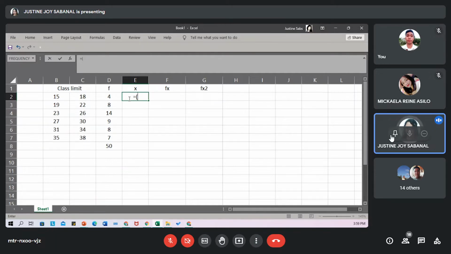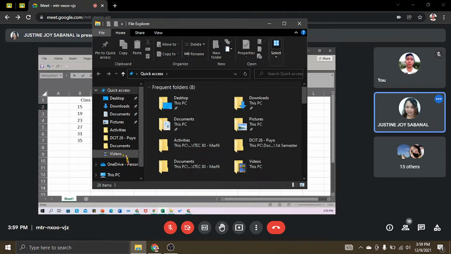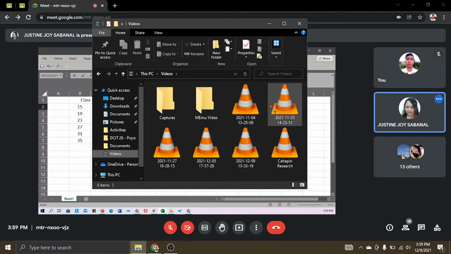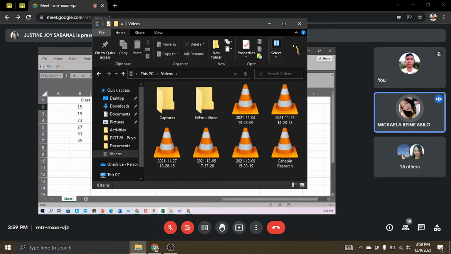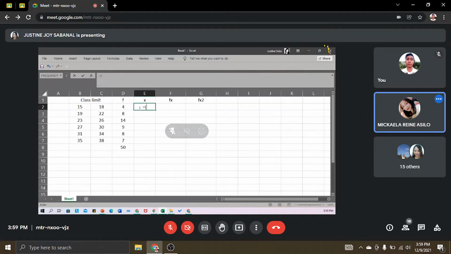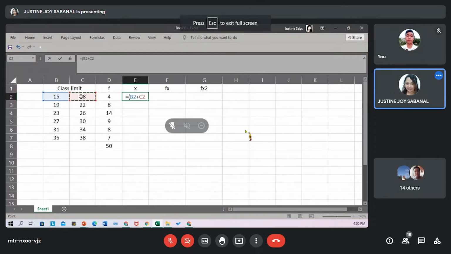Can anyone still remember po? Upper class limit plus lower class limit divided by 2 po. Okay, that is correct. So, add natin yung 15 at saka yung 18.